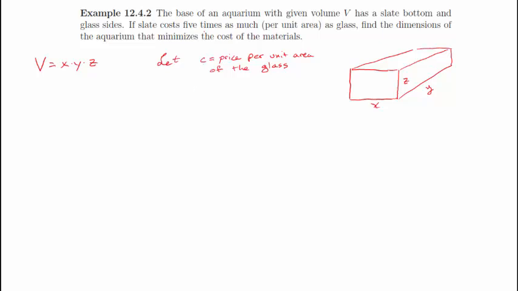So then we know that the slate is going to be 5 times c. So my total cost, let's use capital T so I'm not mixing up capital C's and little c's. So my total cost is going to be, well, okay, the slate is going to have an area of x times y.